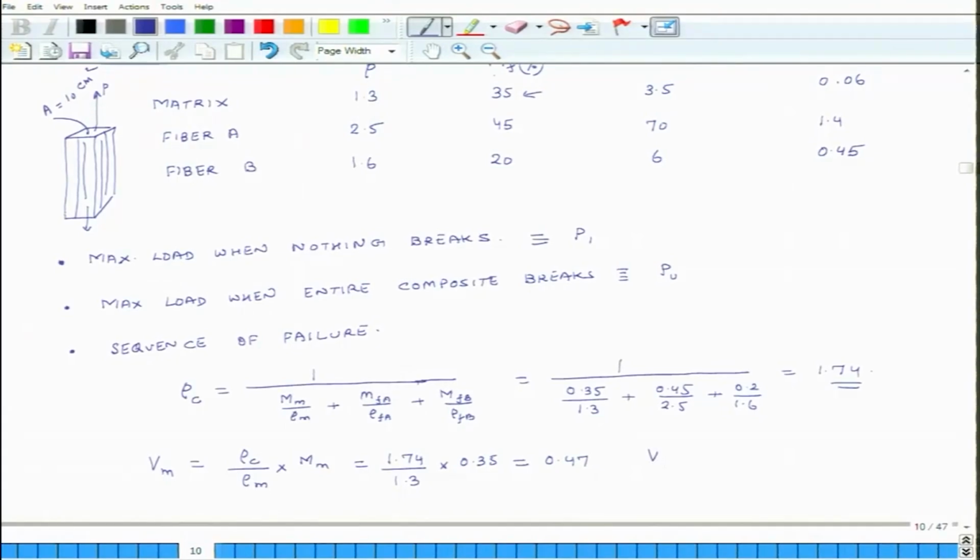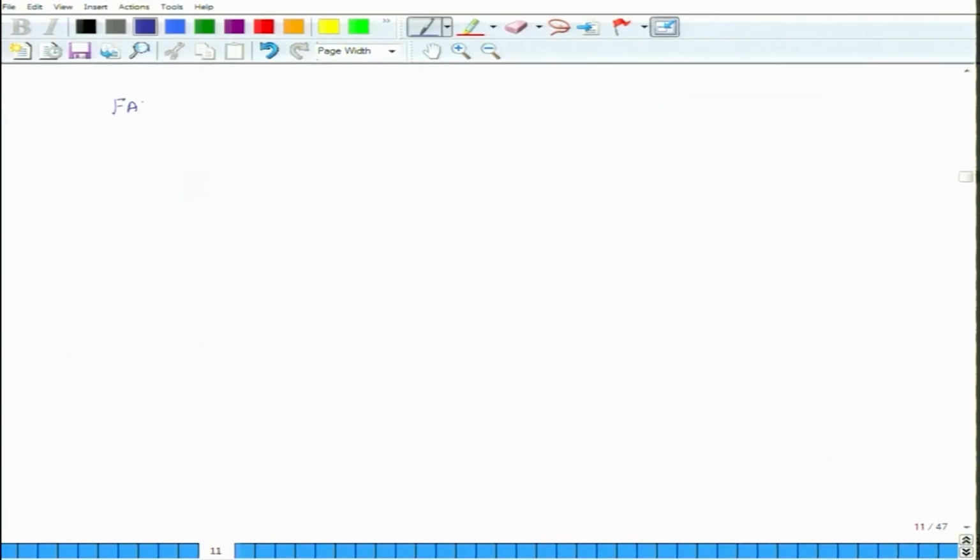Likewise, VFA, the volume fraction of the A fiber, is 0.31 and VFB is 0.22. So, now we have volume fractions of each component. Now we look at the failure sequence.